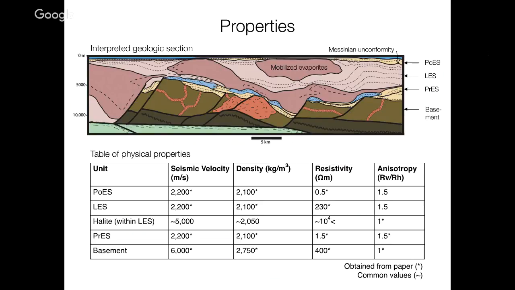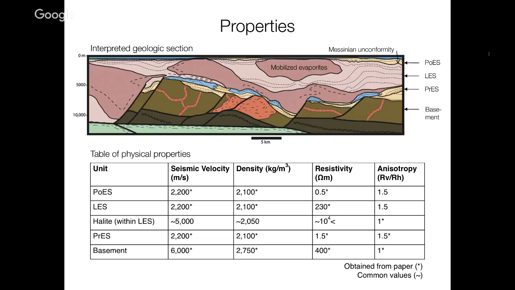That's the background, which is quite conductive compared to LES. But in the LES, you got halite domes, and that's actually up to 10 to the 4 ohm meters, which is quite resistive. So in the sense of comparing halite and the clastics in the LES unit, this one is more conductive than that guy. Okay? And that's what we want to distinguish, either with the CSEM or MT.